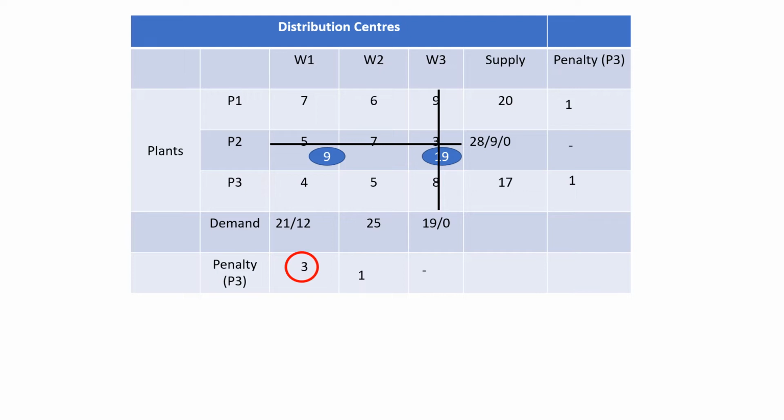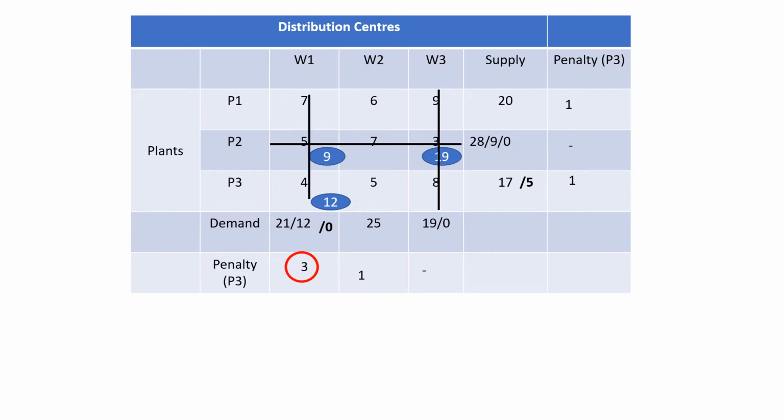Now in this W1 column, which is the lowest cost element? 4. So allocate as much as possible to this 4. So how much you can allocate? Minimum of the two, that is 12 and 17. So 12 we can allocate. Right? So we have allocated 12 here. Adjust the supply and demand accordingly. Your demand becomes 0, supply becomes 5. Once demand becomes 0, strike out that particular column.